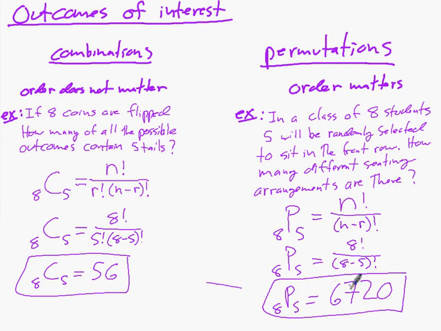It would be 6,720 of them. But if all we're interested in is the total 5 tails and we don't really care about the order, well, there's a lot fewer. There are a lot of repeats. So that reduces down to 56. And this 5 factorial in the denominator does that. Numerically, it reduces the value quite substantially.